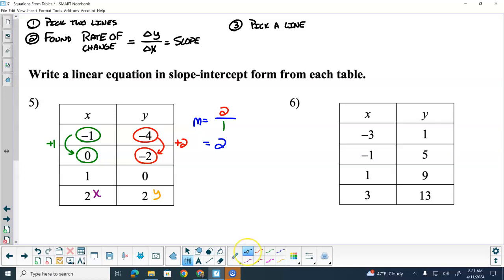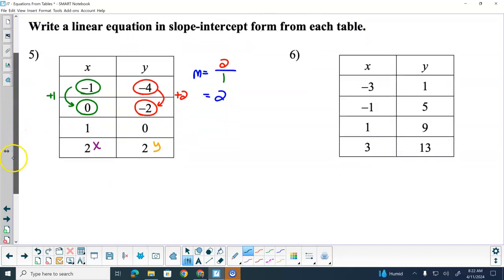We picked a line and plugged in the m. We plugged it in y equals mx plus b, right? Okay.